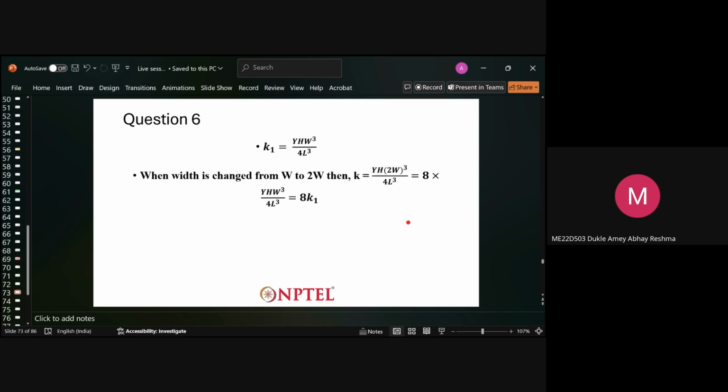Here we have the K formula, which has already been given, E W H cubed upon 4 L cubed. Then we change the width from W to 2W.